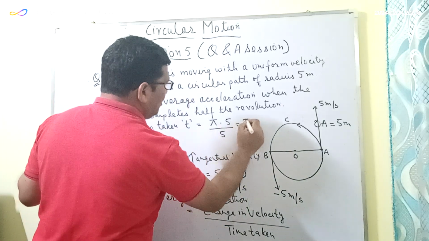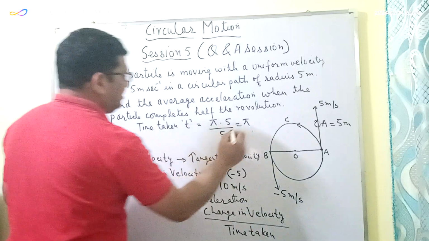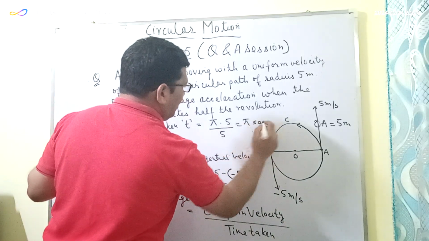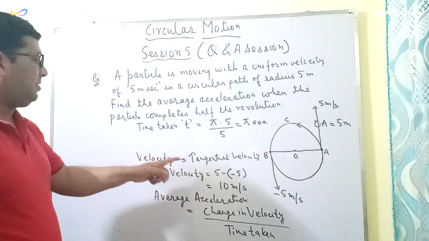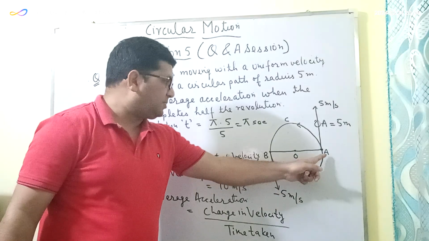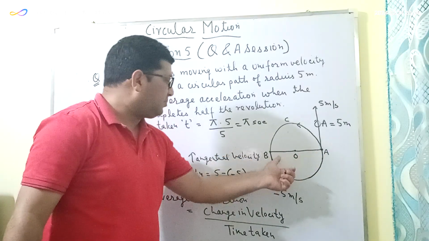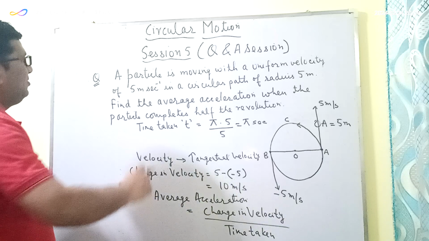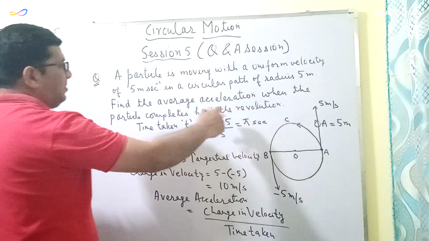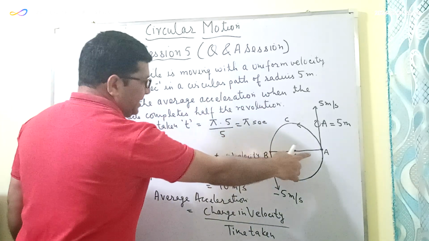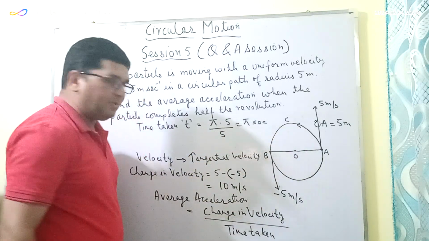So this is equal to pi seconds. This is the time taken by this particle to reach from point A to point B, or the time taken to complete half the revolution.